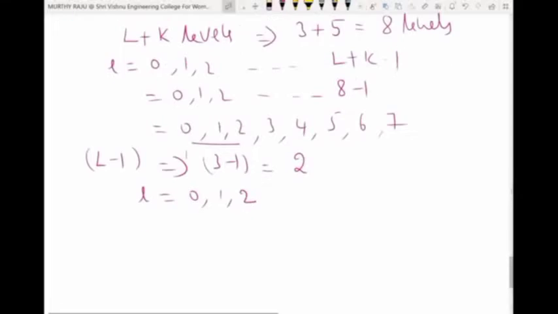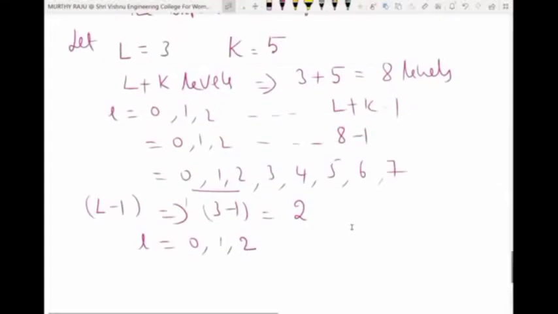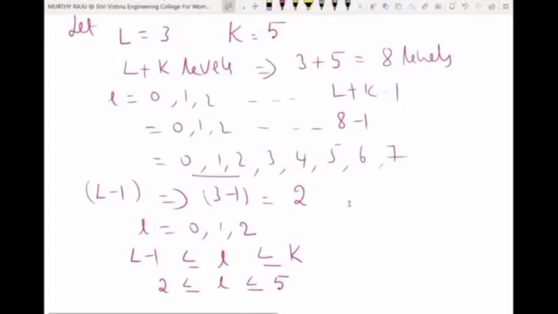In between, the l value lies in the range L minus 1 less than or equal to small l less than or equal to K, where K is equal to 5. L minus 1 means 3 minus 1, so 2 less than or equal to l less than or equal to K is equal to 5.